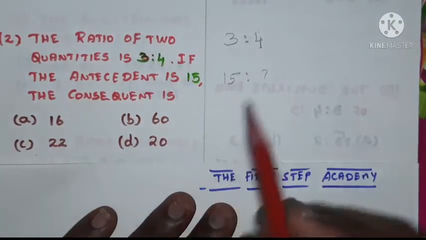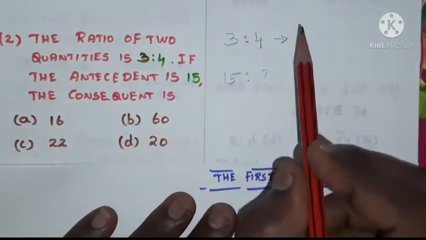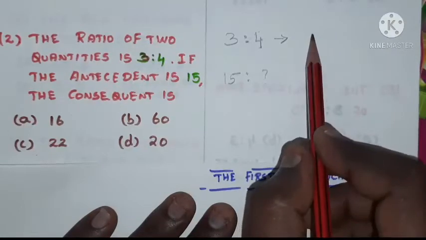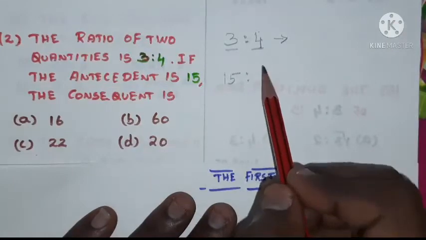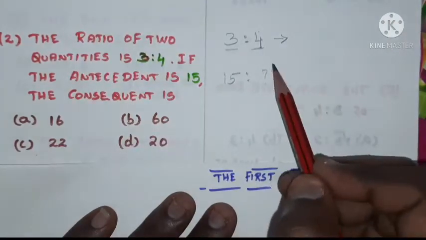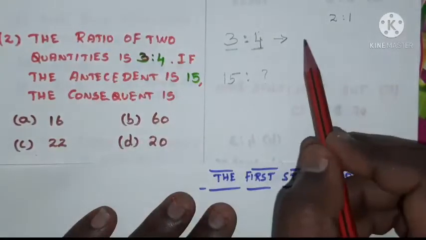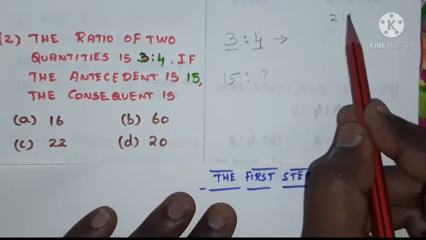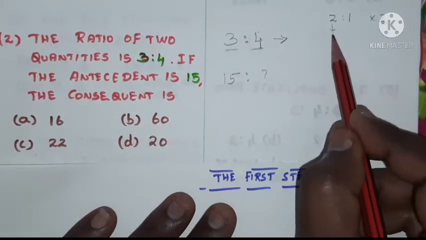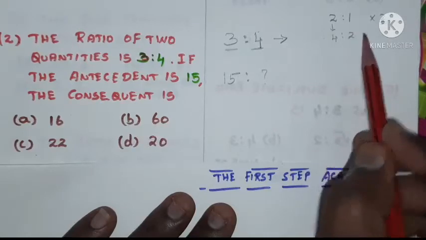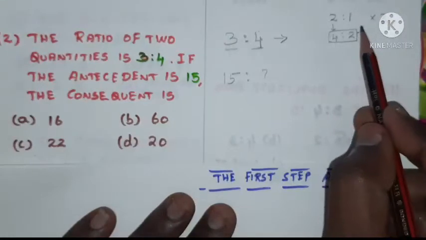One thing that we should know: multiplying or dividing the terms of a ratio by any common non-zero number will not affect the ratio. For example, if I take 2 is to 1 and multiply both terms, 2 and 1, by 2, the ratio becomes 4 is to 2. Further, reducing this to the lowest form, it again comes to 2 is to 1.